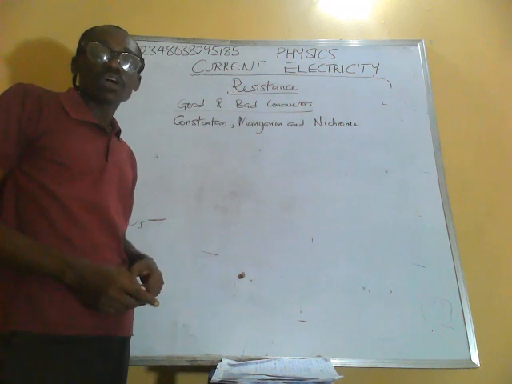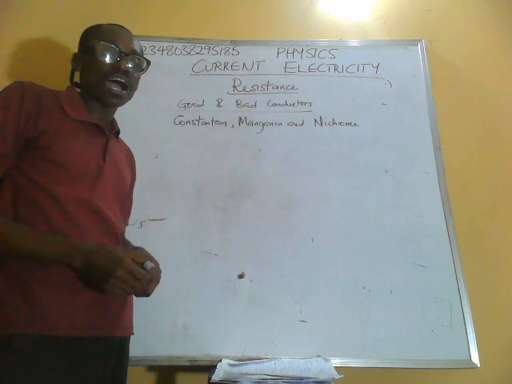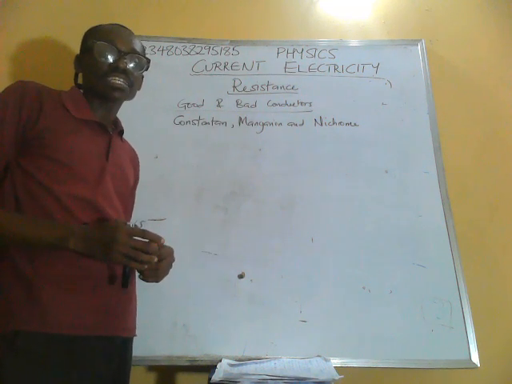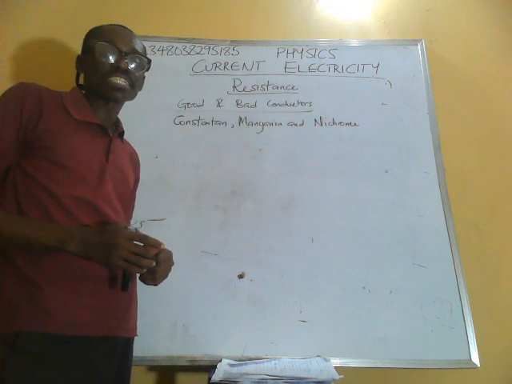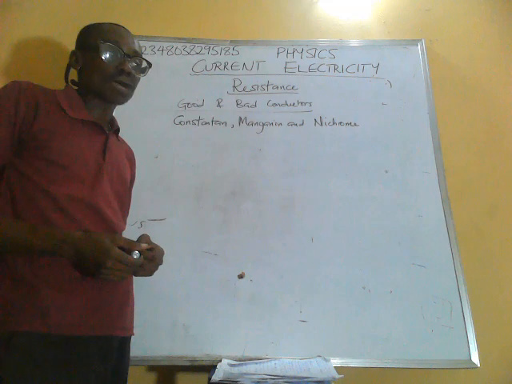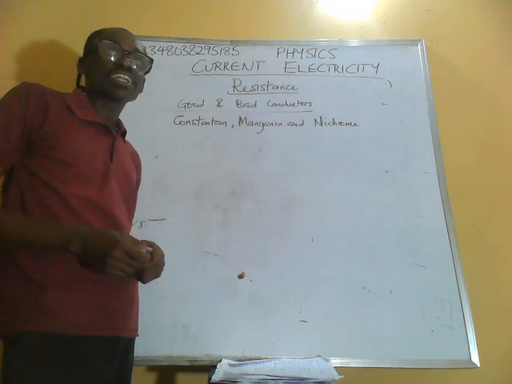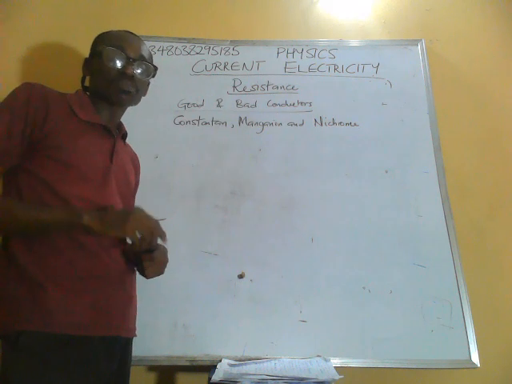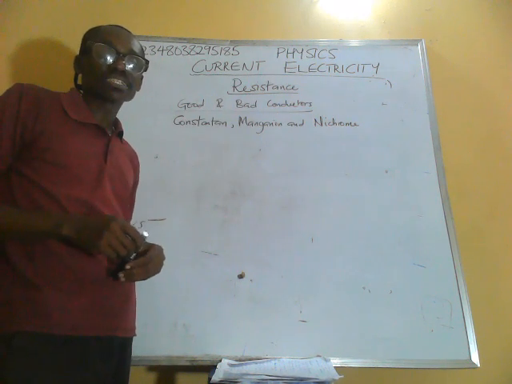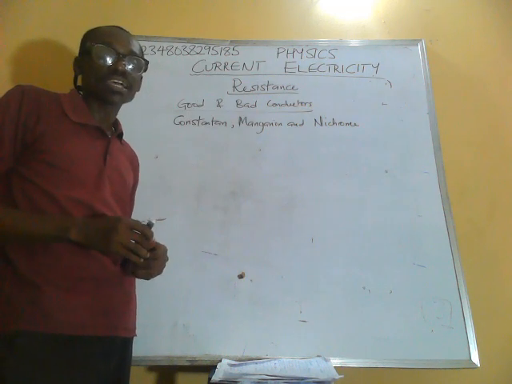So now let me describe a scenario where you can desire high resistance, because you might be thinking, resistance opposes flow of current, so can it be advantageous? Yes, there are instances where resistance can be advantageous. There are times when you are on a generator, and when you switch on appliances, it will start blowing the appliances because the voltage being supplied is so high.